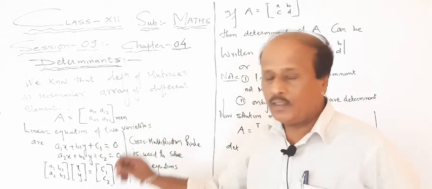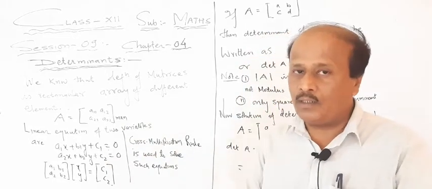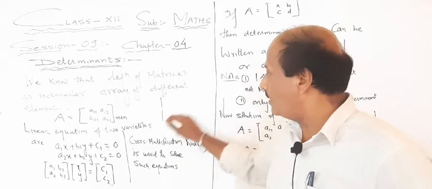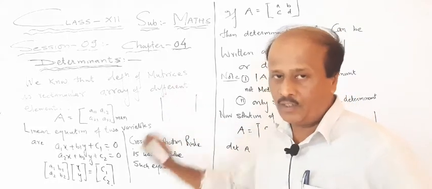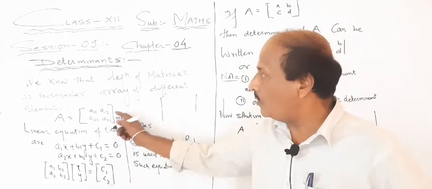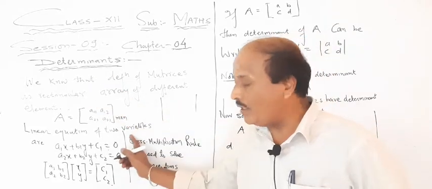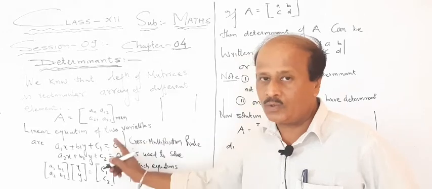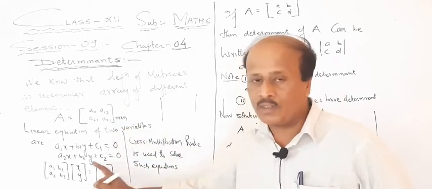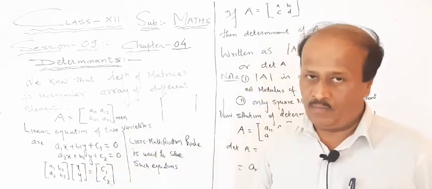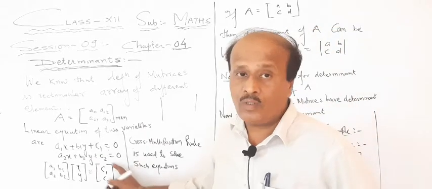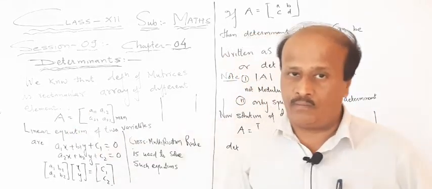If you remember, in the cross multiplication method, we were arranging the elements in the form of a rectangular arrangement. Nobody told you that you are using a determinant, but unknowingly you already used a determinant to solve this type of equation in class 10th. At that time it was Cramer's rule, otherwise the cross multiplication method.